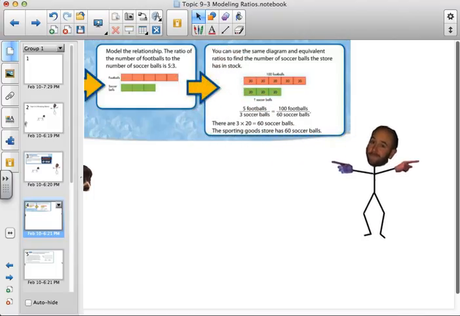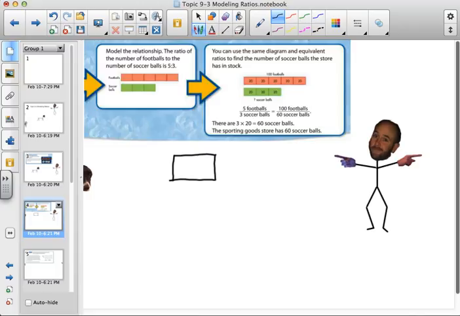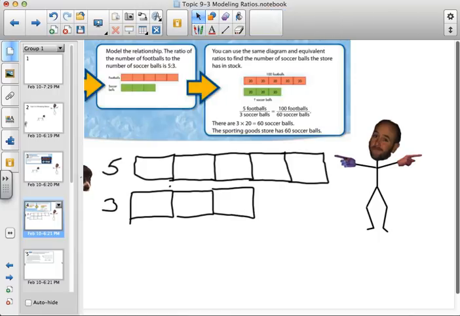So if you're going to create a model of a ratio, what you would want to do is draw a tape model. And in that case, you could just make rectangles, okay, to represent the parts of your ratio. You'd want to make them the same size so that they look proportionate to each other, okay? So that's the first thing that you would do.